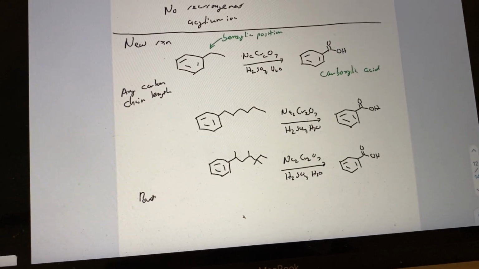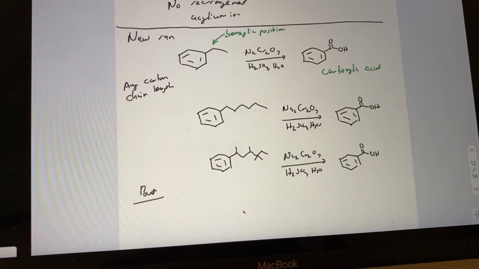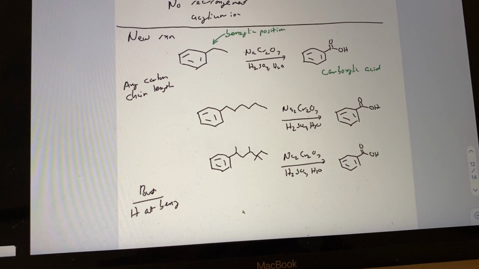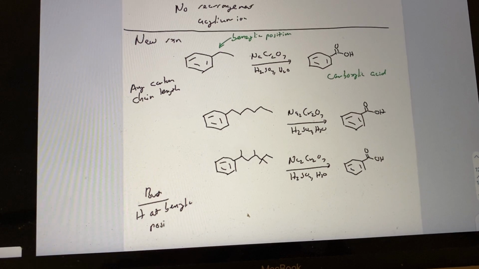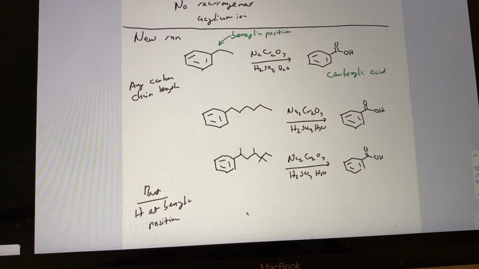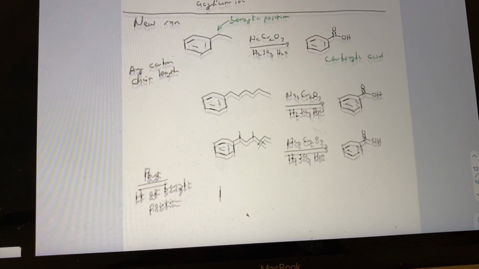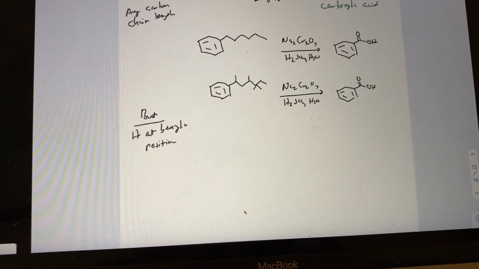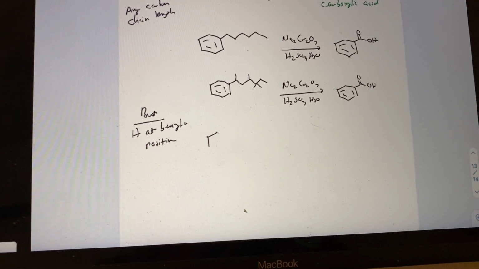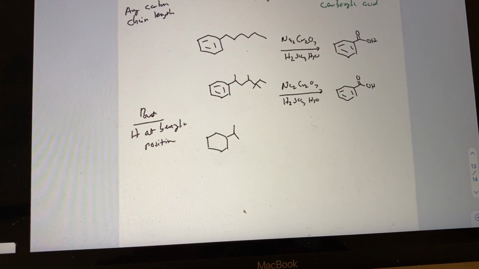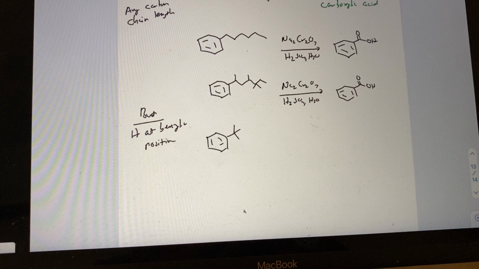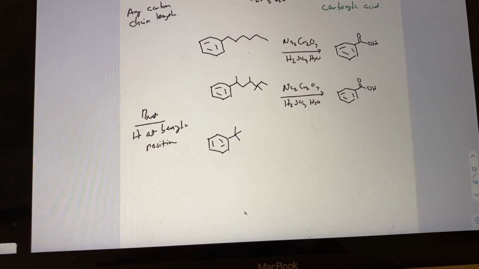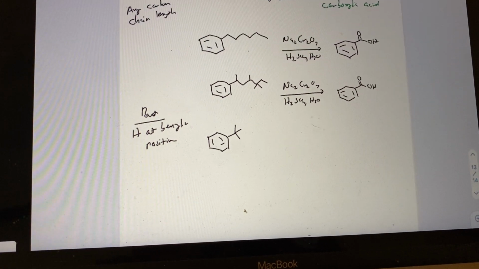But you do need to have a hydrogen at the benzylic position. So if you were to take a tert-butyl substituted benzene, like this, notice now, there's no hydrogen here on this carbon at the benzylic position. So the benzylic carbon.